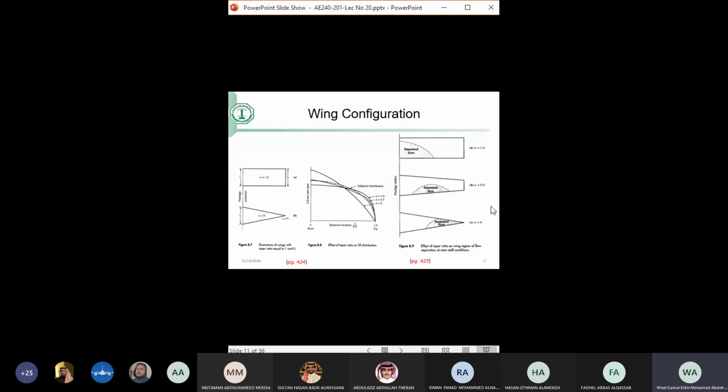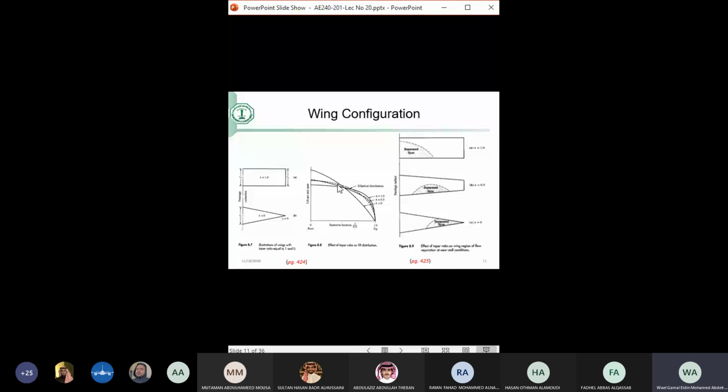And in between, maybe we have a taper ratio of 0.5 or 0.6 or 0.4. It turns out that the difference between wings with different taper ratios would be in the shape of the lift distribution on them. So if I have a rectangular wing, I will have the upper curve. If I have a pointed wing, sort of a delta wing, it will be that curve, almost linear.